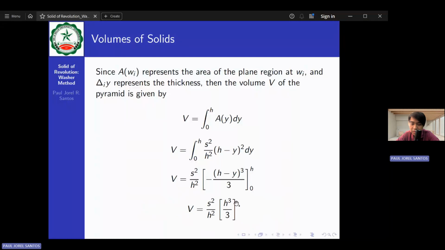Now, we need to multiply h cubed over 3 to s squared over h squared. Hence, by some cancellation, we will have s squared multiplied by h all over 3.